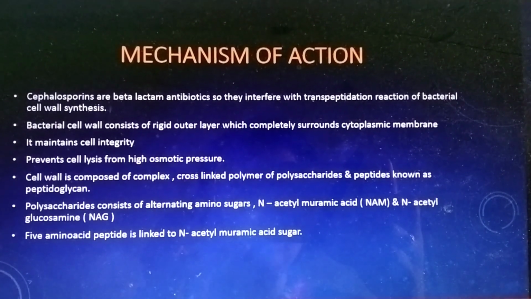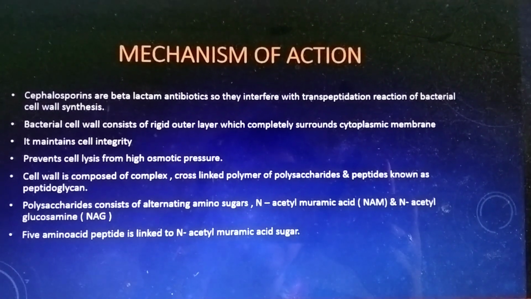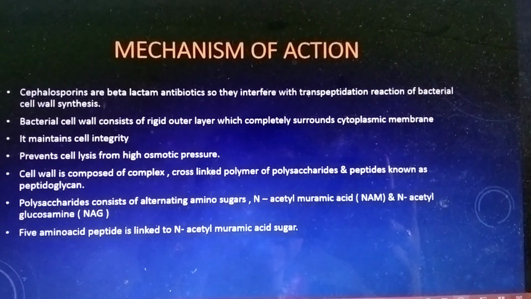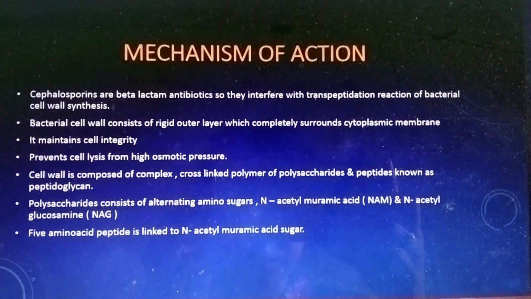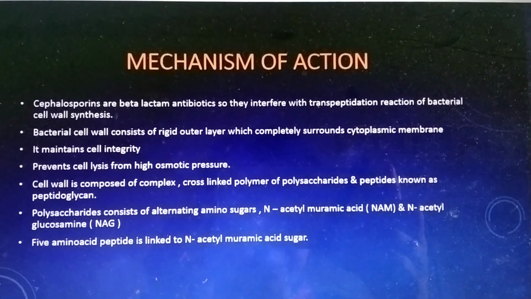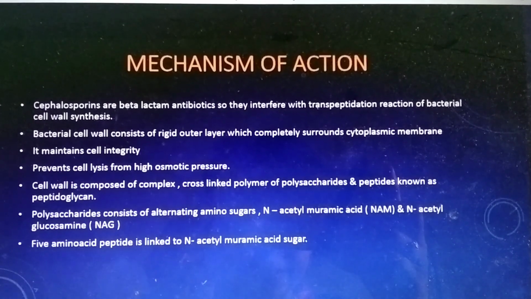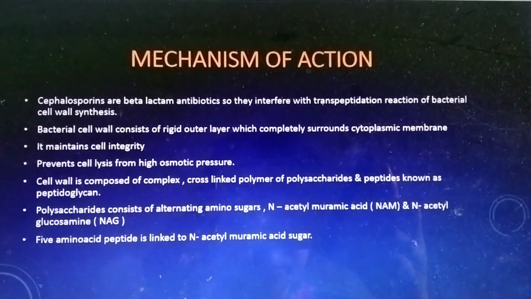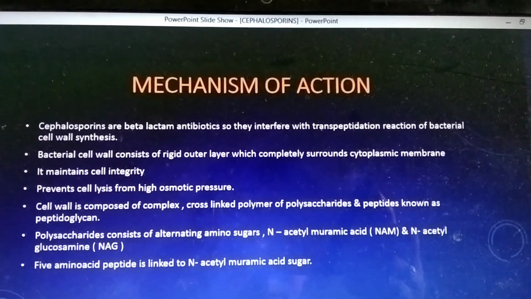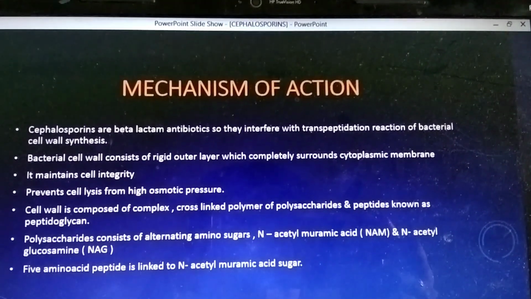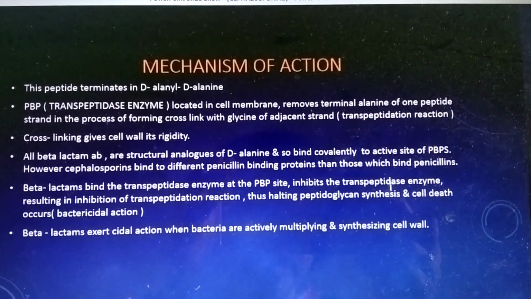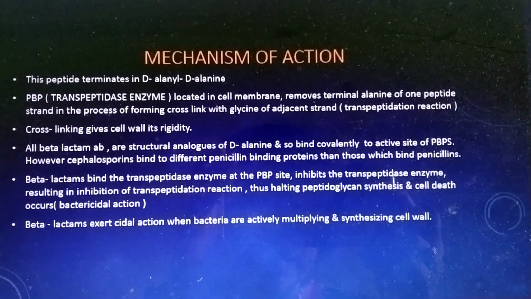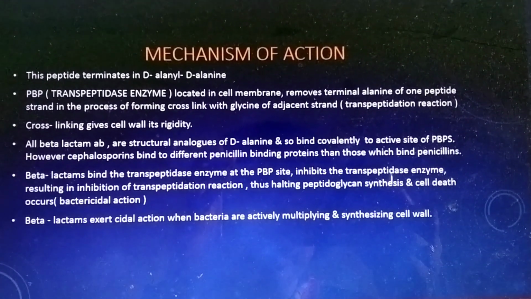Polysaccharides consist of alternating amino sugars, N-acetylmuramic acid and N-acetyl glucosamine. A 5-amino acid peptide is linked to the N-acetylmuramic acid sugar. Now this peptide terminates in D-alanyl D-alanine.